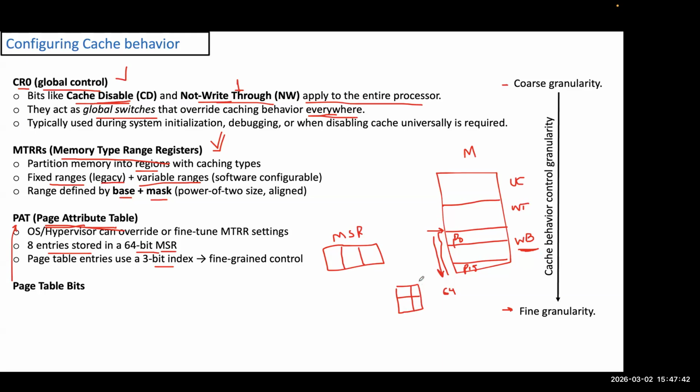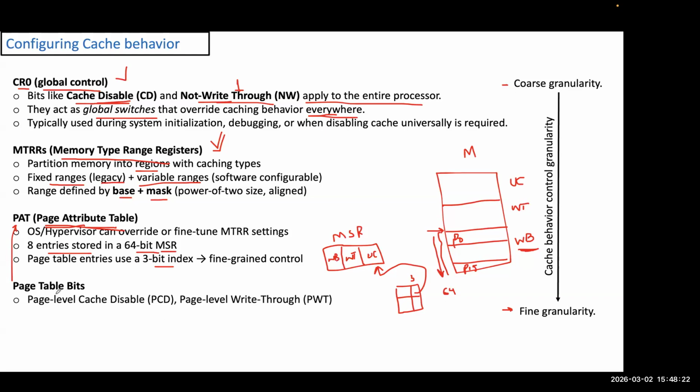It also has 3 extra bits here, and these 3 bits provide you an entry into a specific field in the model specific register. For example, this entry is, let's say, for uncacheable behavior. This one is for write through. The next one is for write back. So based on those 3 bits, you determine what is the cache behavior for this particular page.